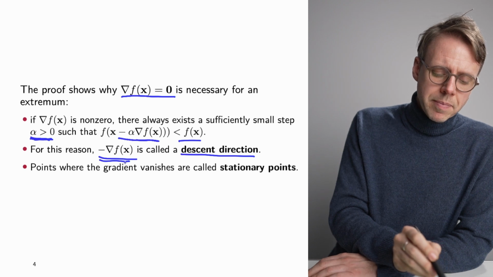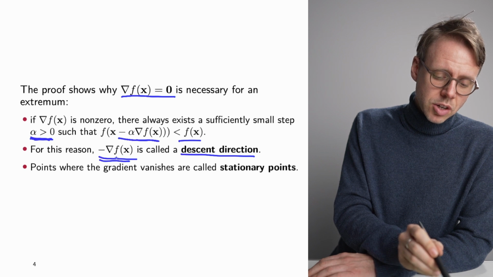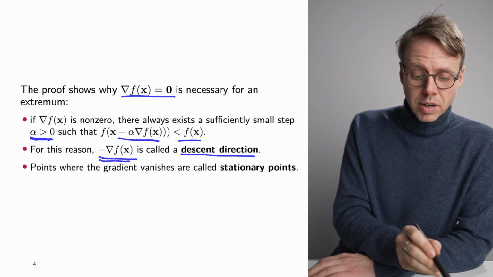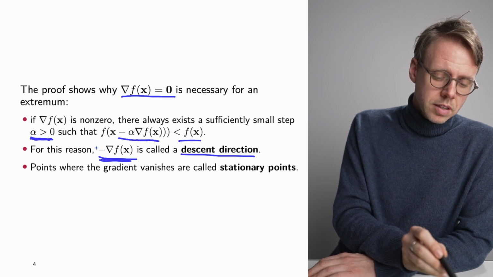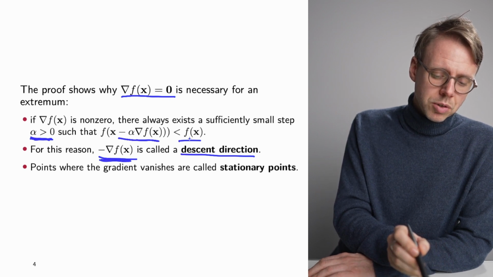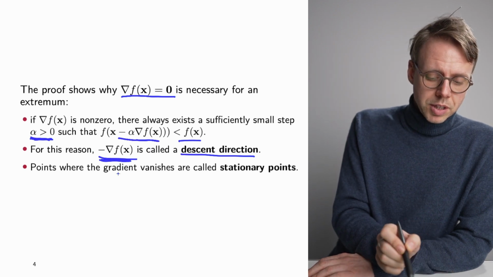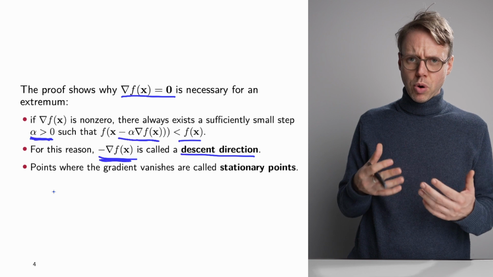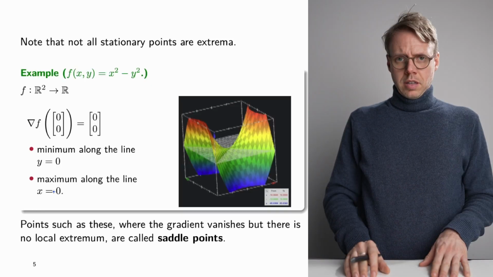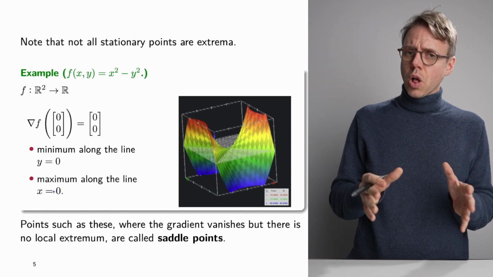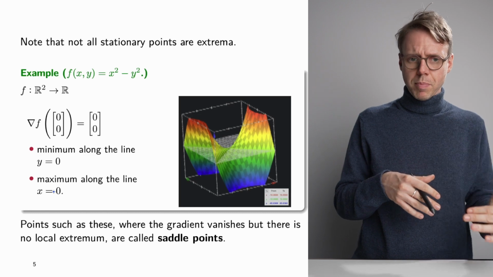And the only way that the negative gradient is not a descent direction is if the gradient is 0, because then this term would also yield 0, so we would not move anymore using this descent. These points where the gradient vanishes are called stationary points. However, not all the stationary points are extrema, so they're not all maxima or minima.